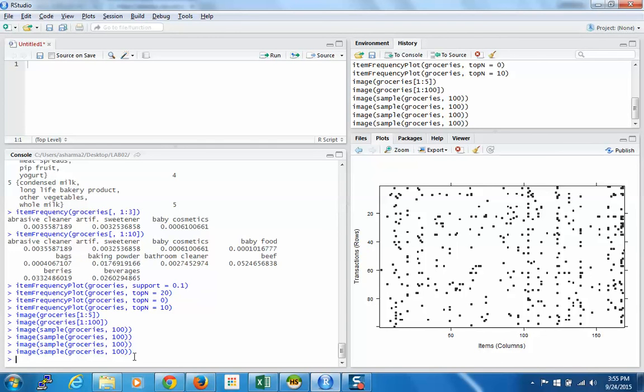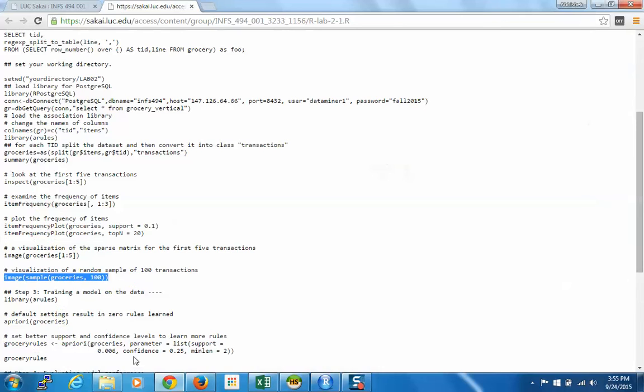So it may not be a true reflection of everything that happens at Starbucks. That's the reason why sampling may bring a more inclusive picture than just taking an ordered top 100 or bottom 100 rows. Okay, the point is that through the image command, you can visualize the sparse matrix, which is groceries.